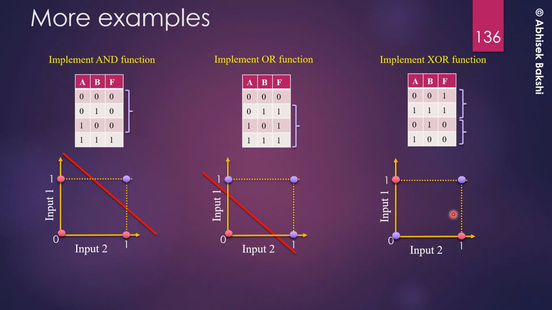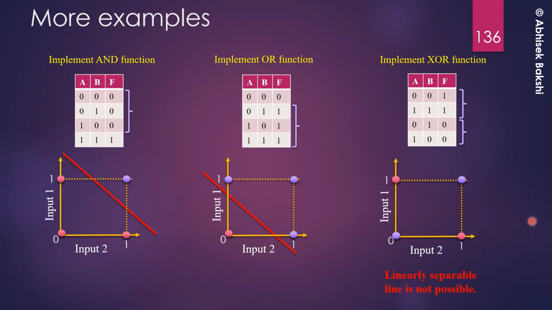Anyhow, wherever you draw, there will be at least one misclassification present. So that means XOR is basically a non-linear function, and this is not linearly separable. And here the single layer perceptron fails.